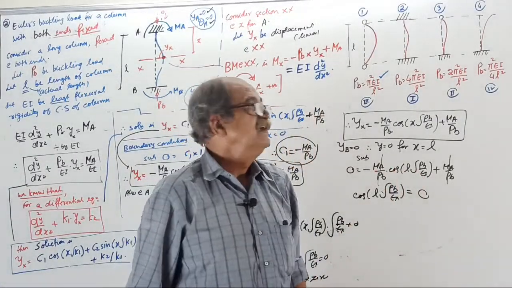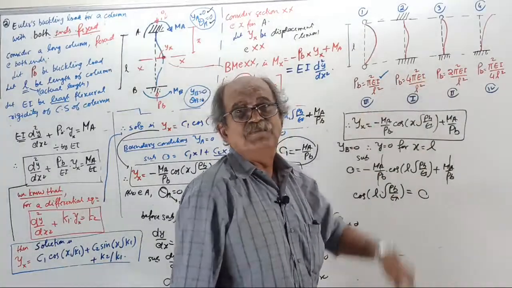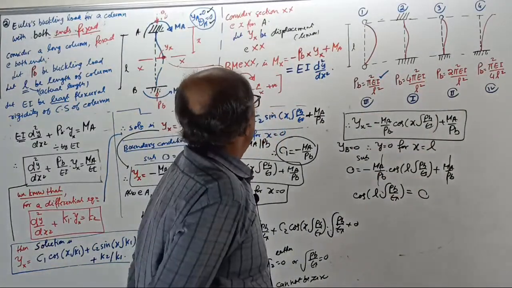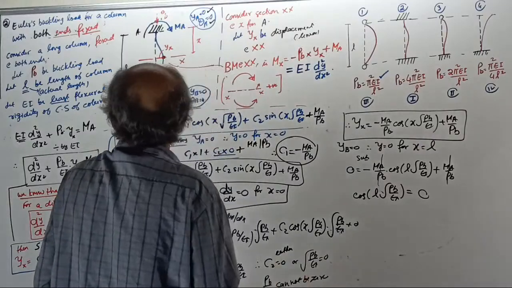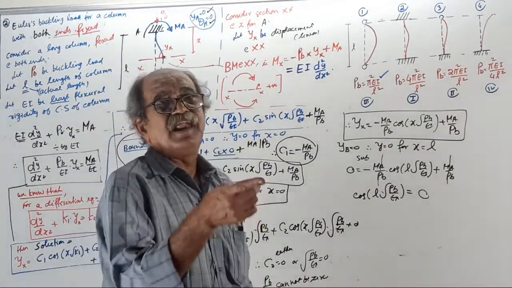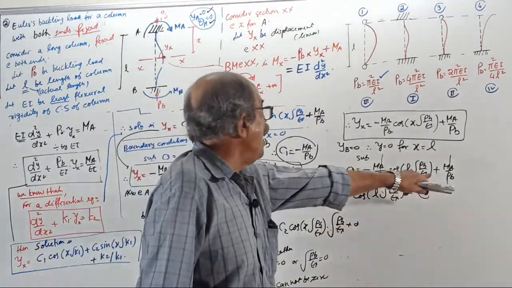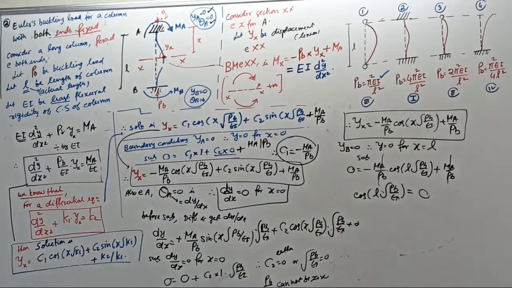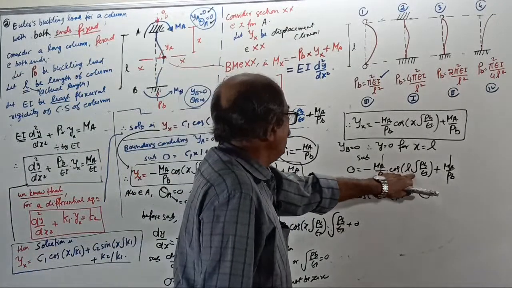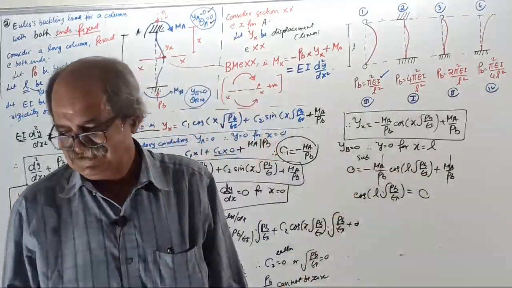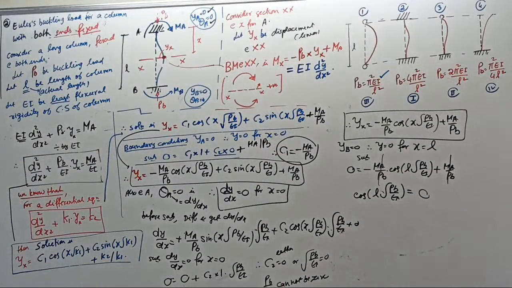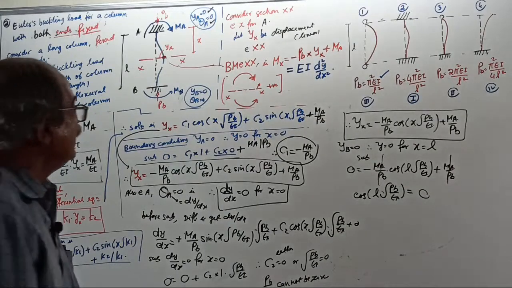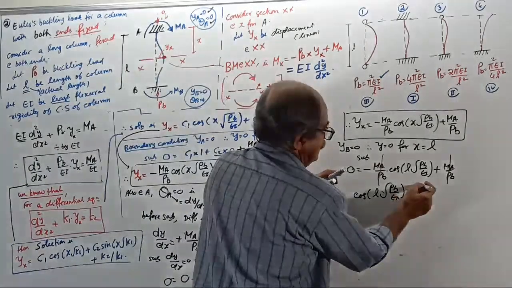People will tell, yes, sir. Finally, this answer will not come. Then I will start acting as if I am confused. What happened? I don't know what happened. Then somebody in the class will tell, sir, there is a mistake there, it is not equal to 0. Equal to what? Equal to 1.